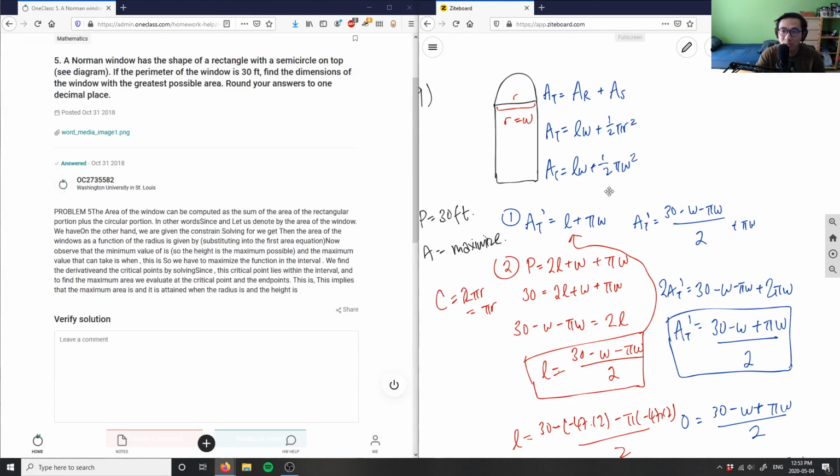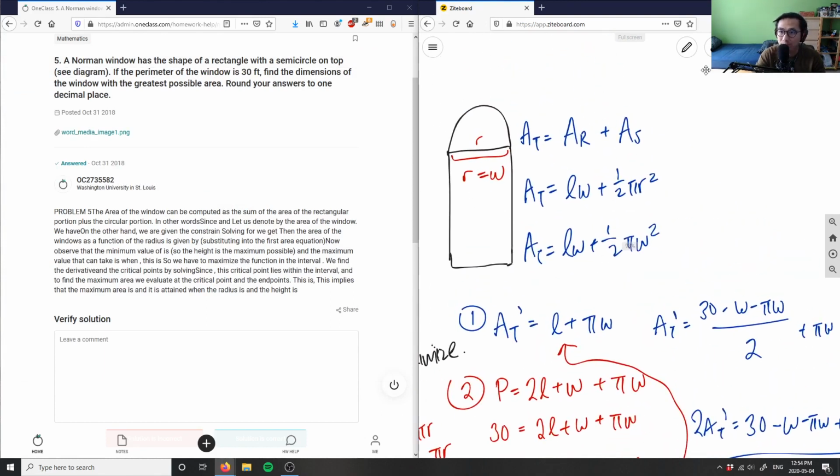So what I have to do is modify these numbers here. Instead of getting half r squared, this here would be 1 quarter pi w squared. Let me just think about this here.